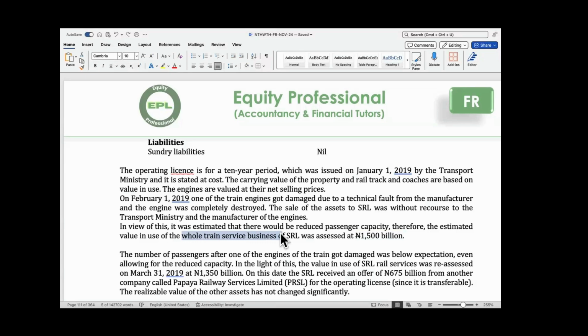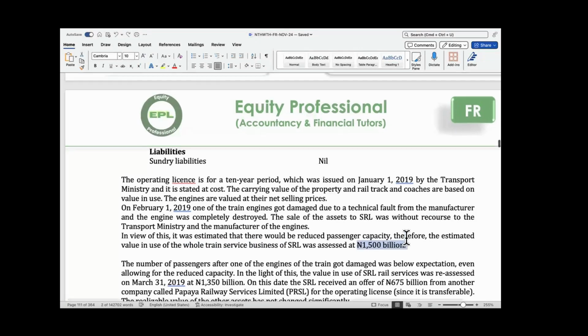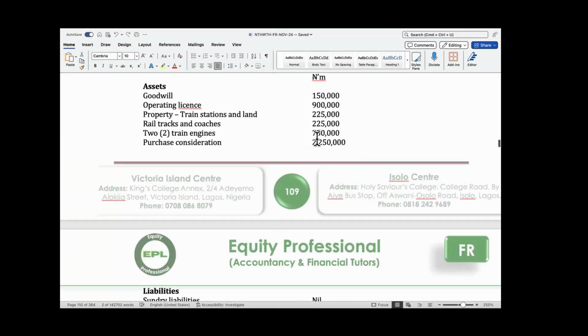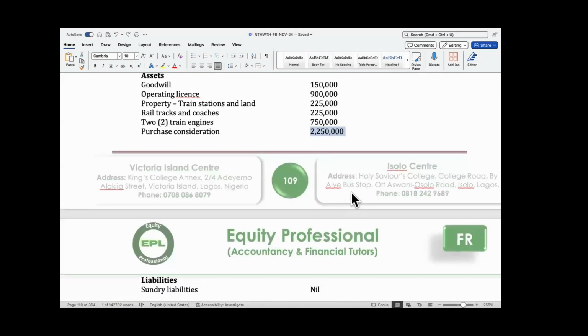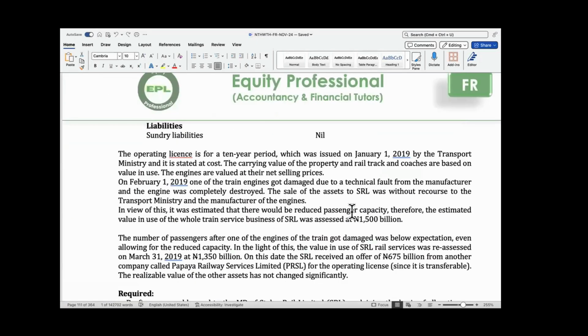So they need to bring all of them together and ask, what's their value in use? How much can they make? They saw that as it is right now, it's 1.5 billion. Well, that's unfortunate because this guy paid 2.2 billion, and they can only make 1.5. That's an impairment loss, obviously.